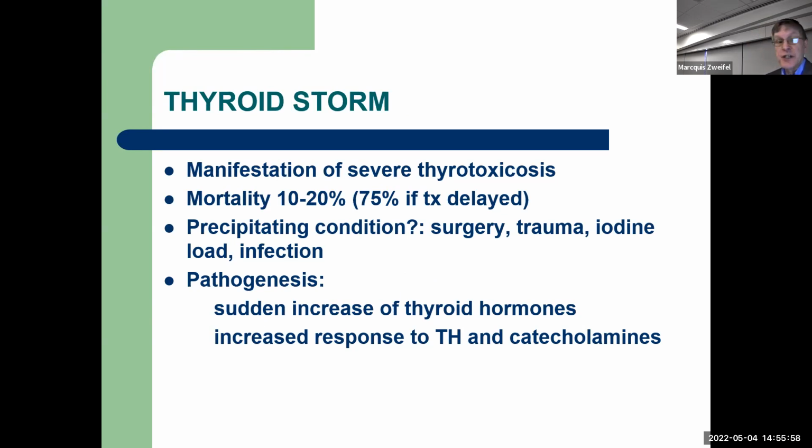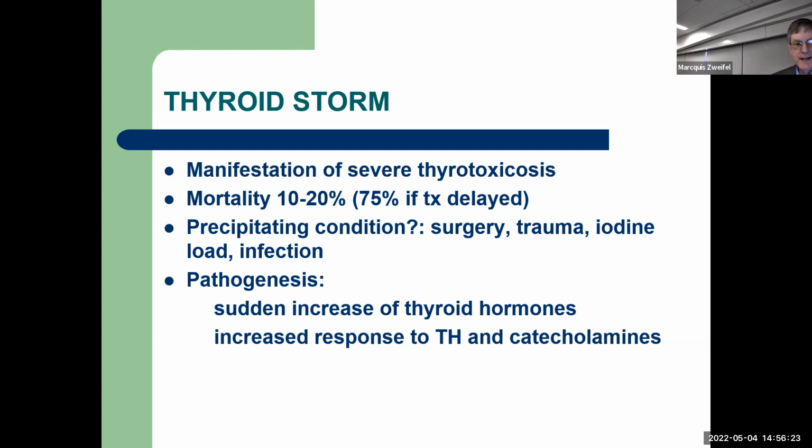Okay. This is an emergency. Mortality is 10 to 20%. It can be really, really hard to take care of. Usually something pushed you into storm. Okay. Surgery, trauma, iodine load, infection, sepsis, you know, the typical things that bring you into an ICU, right?